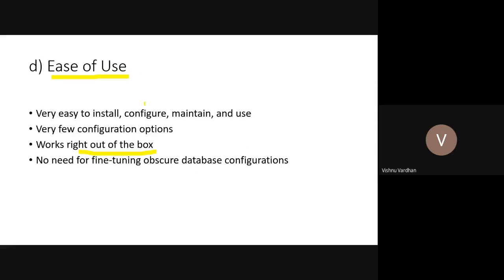Then ease of use is also there, so you don't have to create complex settings to launch things. Anybody can easily understand MongoDB, even if he's not a normal SQL developer. They can understand things within a couple of days. So these four features are very crucial as far as MongoDB is concerned.